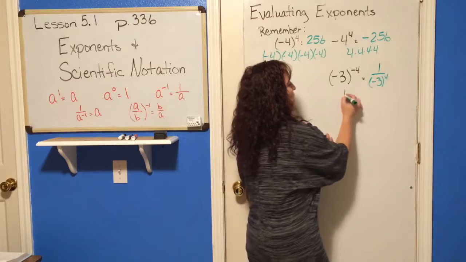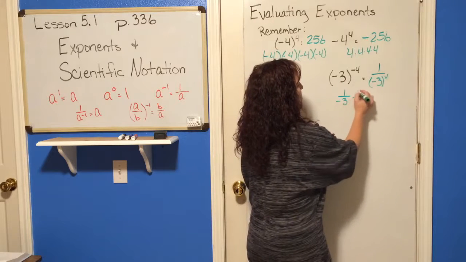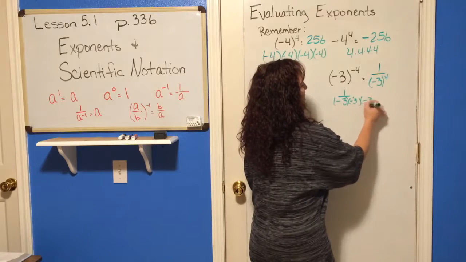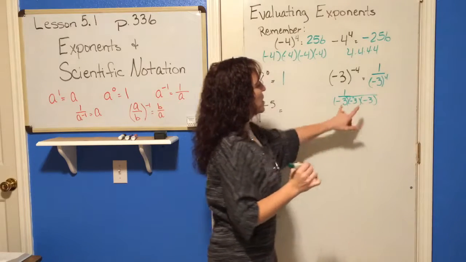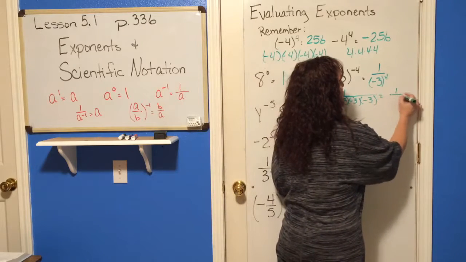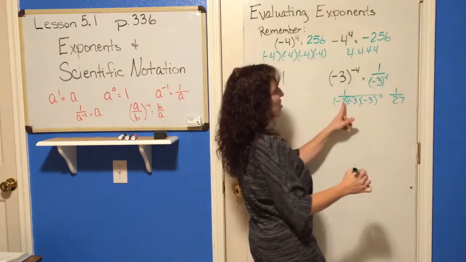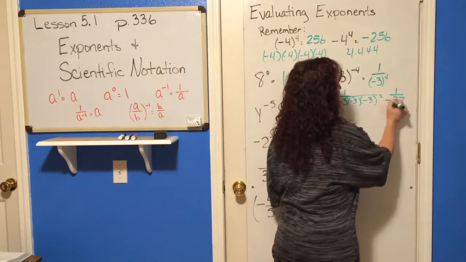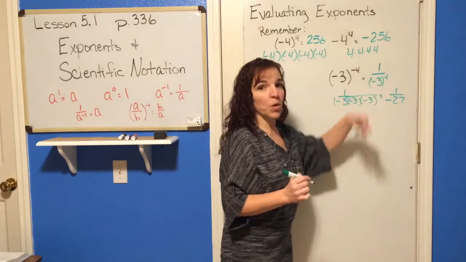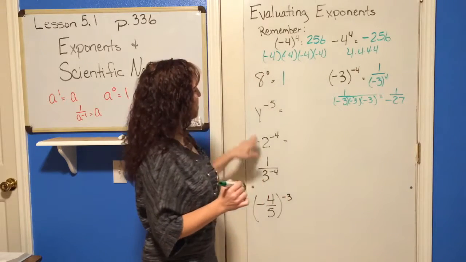So that's going to be 1 over -3 times -3 times -3 times -3. So all of that is in the denominator. So 3 times 3 is 9. 9 times 3 is 27. So 1 over 27. And we have an odd number of negatives. So it's 1 over -27. And that's the same as just -1 over 27. It's the same either way.